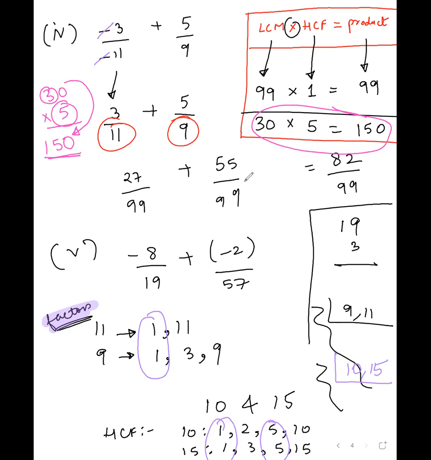Very good. So 19 and 57 are not coprime, right? So we can't just multiply them to find out the LCM. We'll have to sit and find it in this method, 19, 57, like this. Okay?